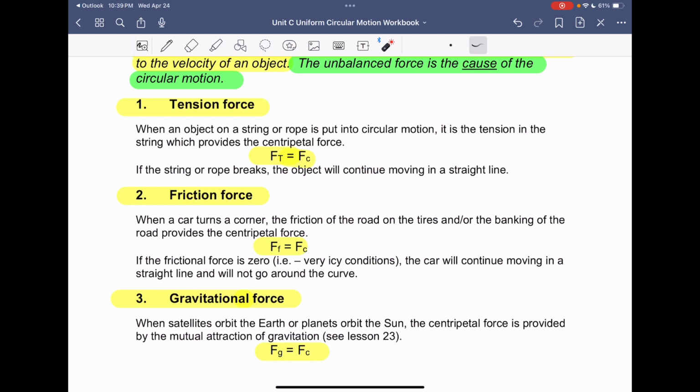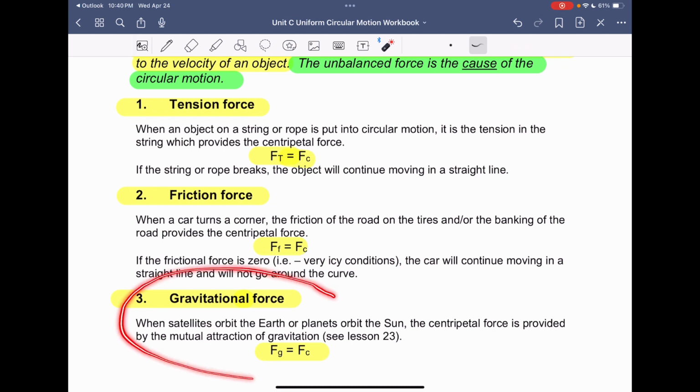If the conditions got icy and we couldn't have that friction, the car would simply, if this is the curve and the car is traveling on this trajectory, if the force of friction that is that center-seeking force is removed, the car would shoot out along the tangent at that instantaneous moment, or shoot along that 90-degree perpendicular trajectory that it was on. So this would typically be a car on some sort of exit.